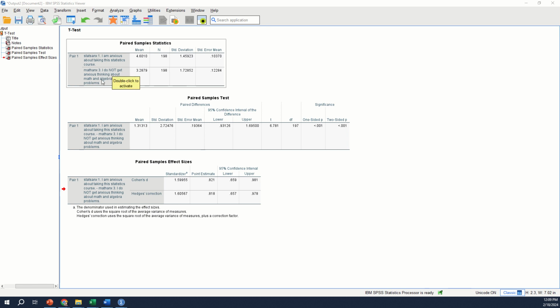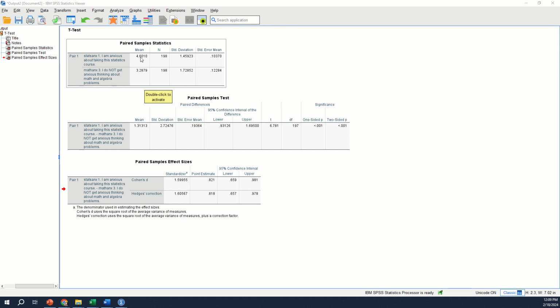So it's actually lower. Lower scores on the math anxiety question actually indicate more anxiety, because we have the word not. So you see that the mean score, 3.29, is lower than the stats anxiety mean.